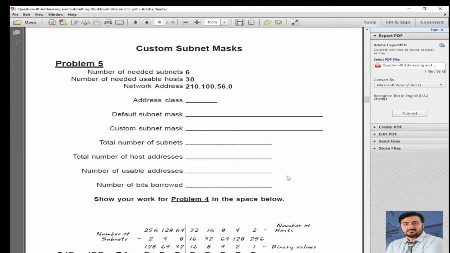Now here we need to solve this problem. First of all, we should know what is this address class. Can you tell me, please? Is it class A, B, or C?